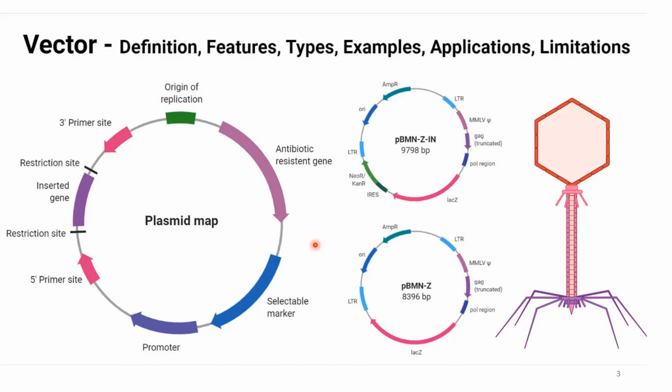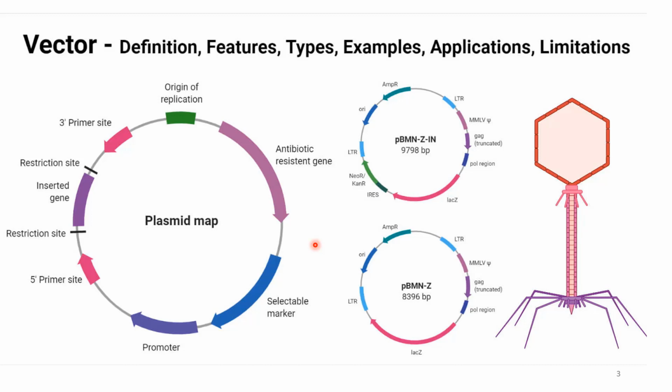These vectors can be classified into different types depending on different characteristics, and the selection of any kind of vector depends on the purpose of the process. So a cloning vector is a category of vectors that are essential for cloning procedures, and these vectors have different sequences that enable them to initiate replication in host cells as well as propagate within the host.